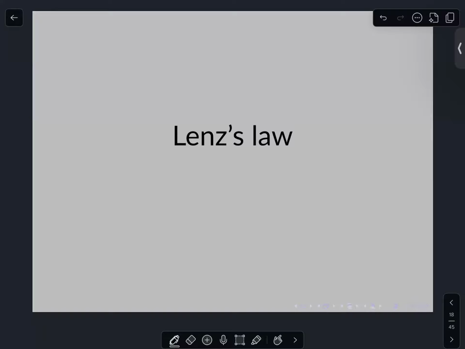Is that flux getting bigger or smaller? Step 3. The reaction flux, or reaction field, opposes that change. That screwed a bunch of students up in my 3 o'clock. We can do an example or 10.